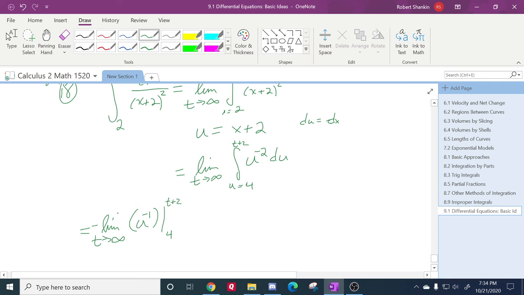So ignore this limit part and just evaluate this. When I substitute t plus 2 in there, anything to the negative 1 power is 1 over that, so it's 1 over t plus 2, minus, and when I substitute 4 in there, I get 4 to the negative 1, or 1/4.